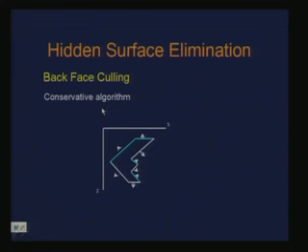So, it is a pre-processing step you may require to flag out the faces which should not be displayed, and then maybe you need another pass of some other hidden surface algorithm. Similarly, this one is only partially visible. Those things are not determined by this. It just declares whether a particular face is a back face or not, and that is all. But it is a very simple and straightforward way.